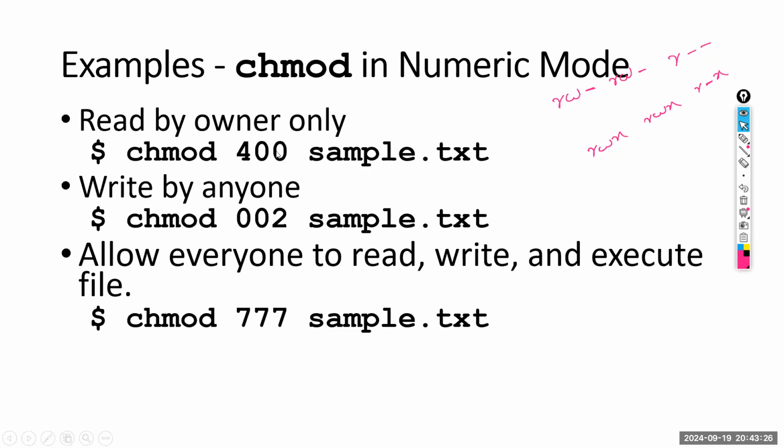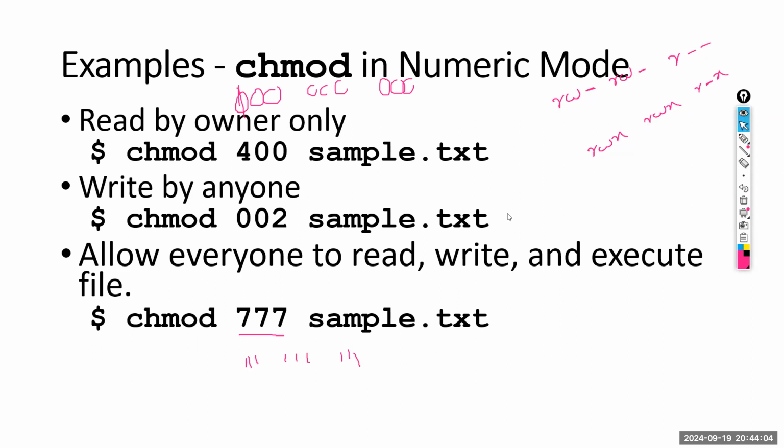So you know what is 400. 400 means what? 4 means 100, 2 means 010, 1 means 001, 0 means 000. If I say chmod 400 of this one, that means user can only read, others can't do anything. User cannot even write and execute. That means you change the privilege. So chmod 777 means it's 111. That means all can read, write, execute, read, write, execute, read, write, execute.